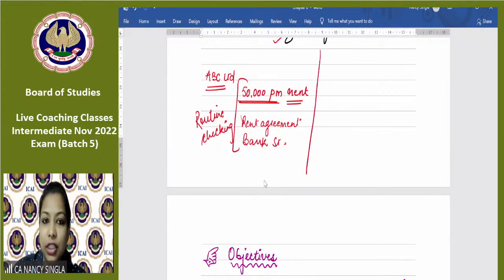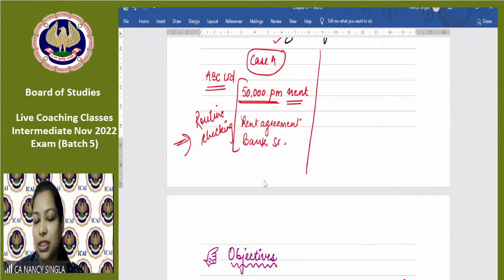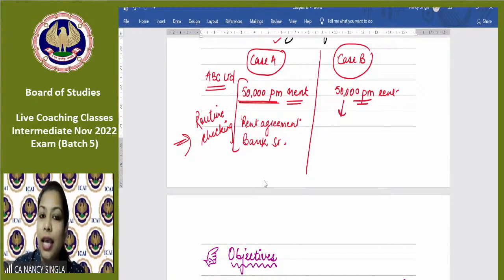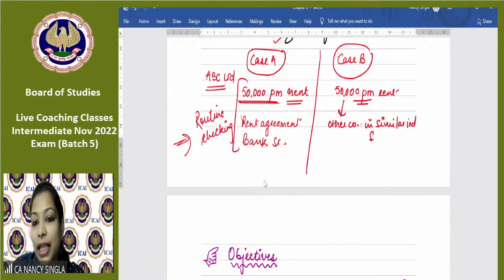This is the routine checking that the auditor can perform in order to check whether these payments of 50,000 per month, which are getting reflected in the P&L, are correct or not. This was case A. Now take another situation, case B, whereby when the auditor had to check the 50,000 per month rent payment, he analyzed what other companies in a similar industry operating in a similar area are paying for similar premises.